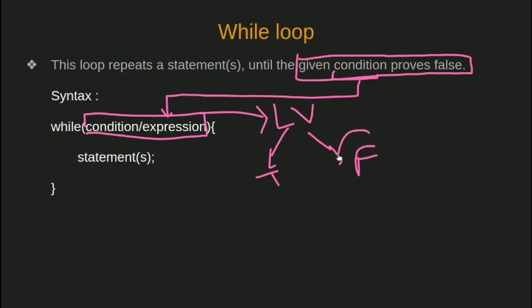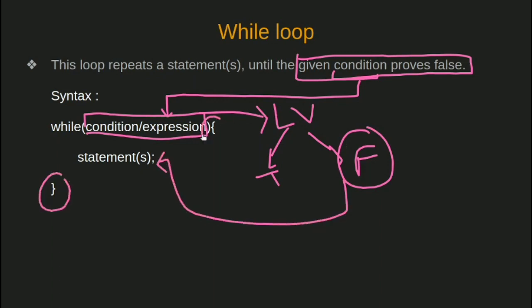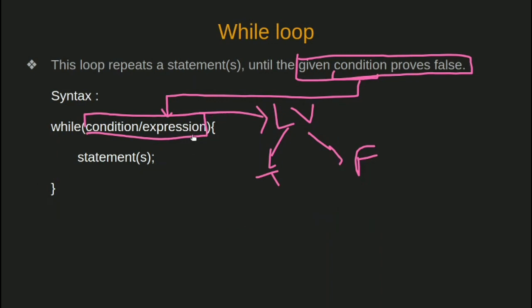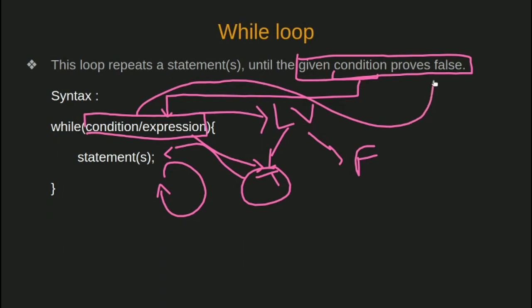If the condition evaluates to false, then the statements inside of the while block will not get executed, and if this condition evaluates to true, then these statements will get executed repeatedly until when? Until the condition finally becomes false.